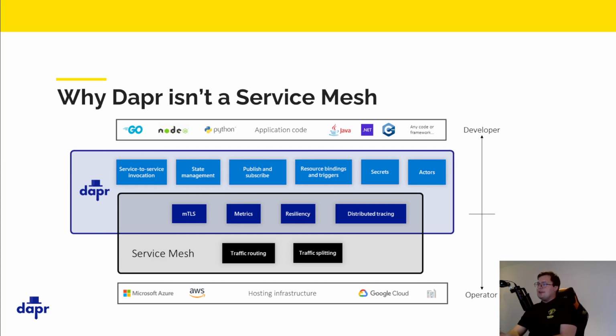So Dapr doesn't do that. Dapr lives on the developer side of your application code to do your state management for you, to do service-to-service invocation, to manage your resource bindings and triggers, and manage your secrets, but it doesn't have capabilities for network-level controls.